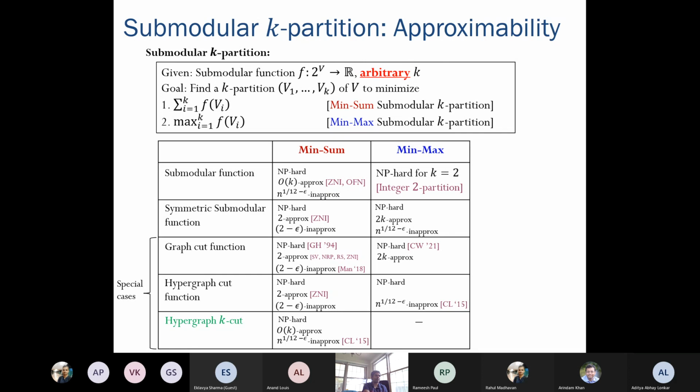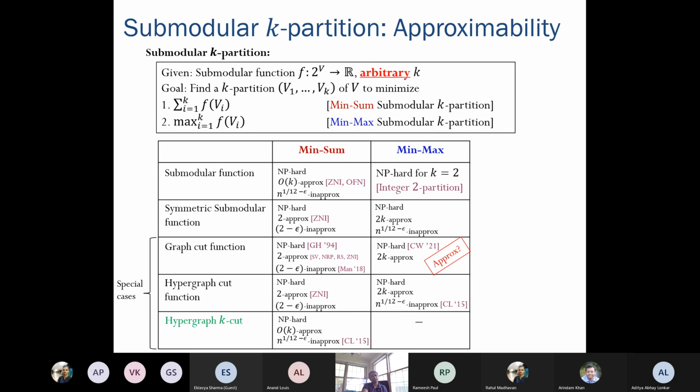And for min-max graph k partition, you immediately get a 2k approximation for all these. Okay. And so the only place where there is some scope for improvement, or some scope to understand, is this one, min-max graph k partition. We don't know the inapproximability here.